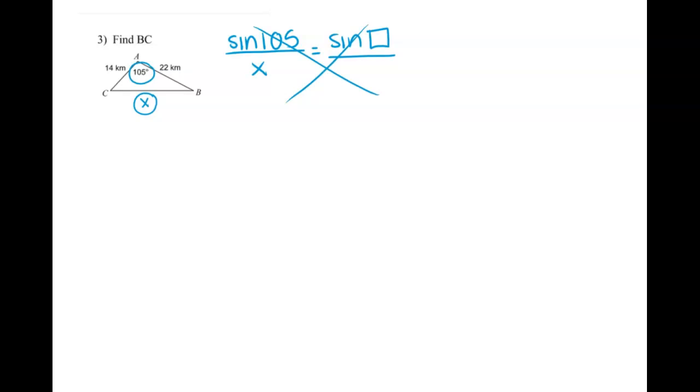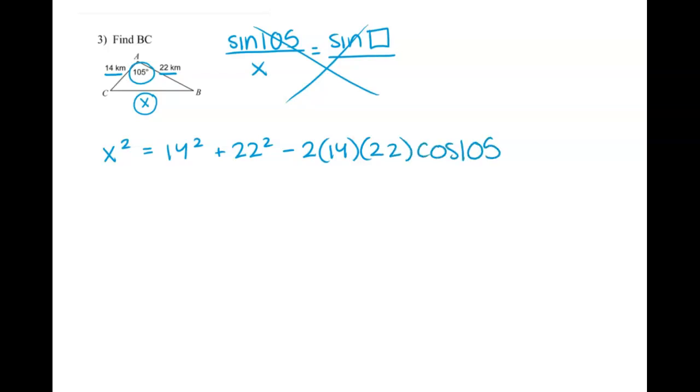So now we already have our pair for law of cosines. We have our other two sides. So we can set this up as x squared equals 14 squared plus 22 squared minus 2 times 14 times 22 times the cosine of 105.